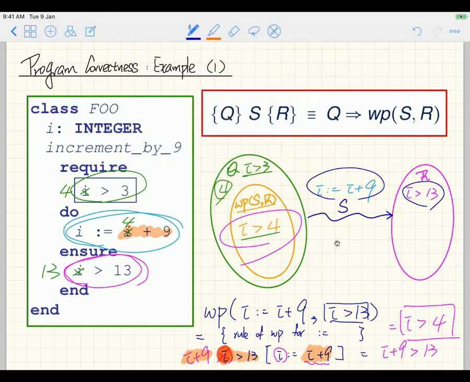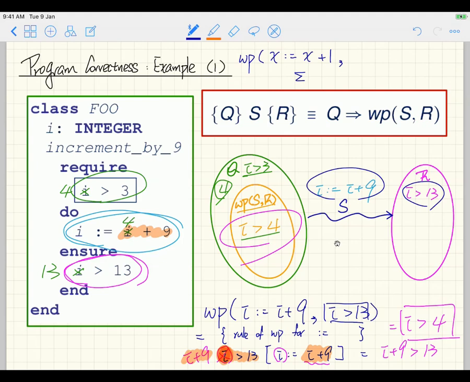Let's say I simply got WP, okay? Again, I have, let's say, x is assigned to x plus 1, okay? And then over here, the postcondition, I'm going to put in the second line. This one may be a little bit complicated for now, but I just want to illustrate to you.